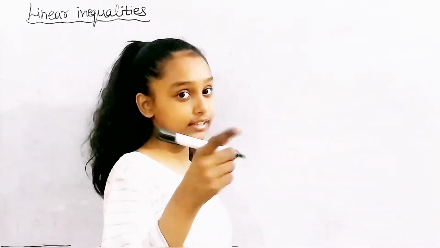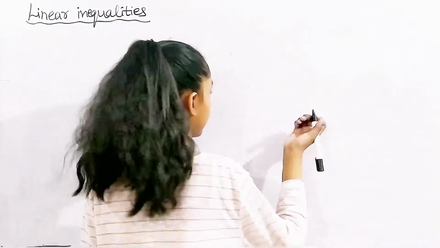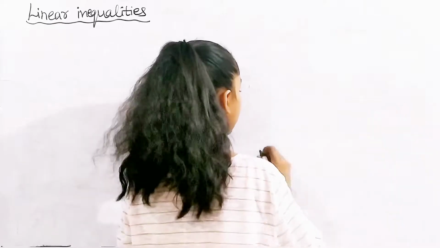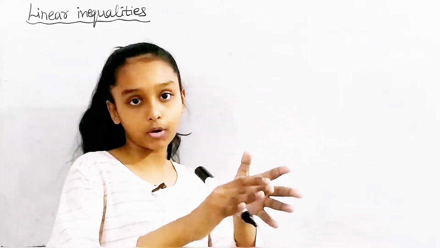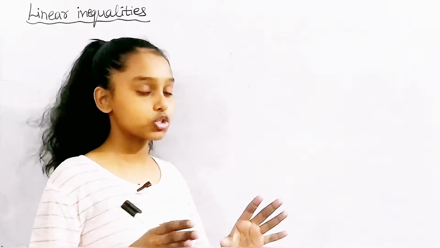So first thing, what I told you was that, let's say we have an equation. What is an equation? We all know, an equation has an equal to sign between two numbers. I'm not saying any particular numbers, but there is an equal to sign between them.